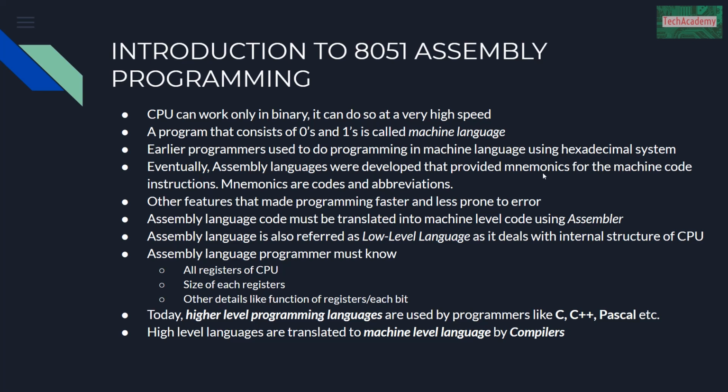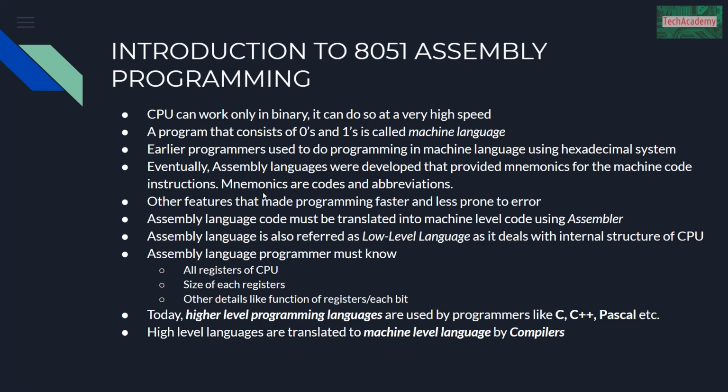Mnemonics are nothing but codes and abbreviations. In our case, MOV and ADD are mnemonics. So instead of using that 7410, we can very well use MOV A, R0.